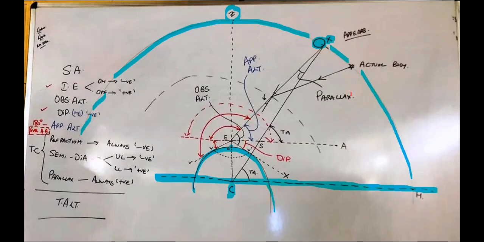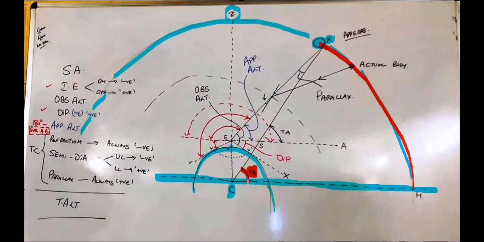I told you the true altitude is the arc of the vertical circle contained between the center of the body and the rational horizon, or the angle at the center of the arc contained between the center of the body and the rational horizon. So you see this angle is shown here as the true altitude. This is what we require to calculate our position line.